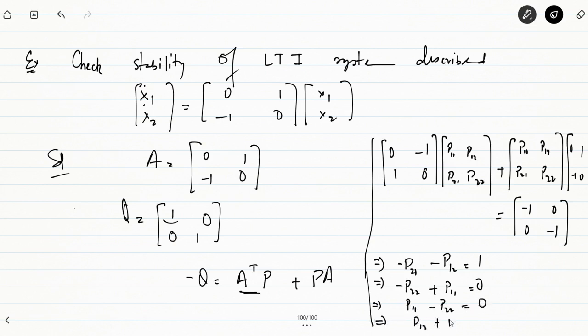Solving those equations, we get P equal to 0 0 1 0.